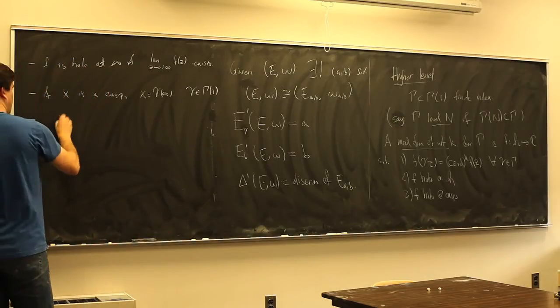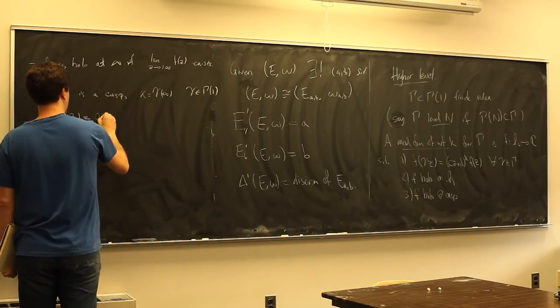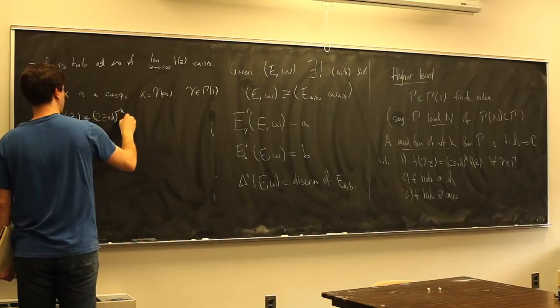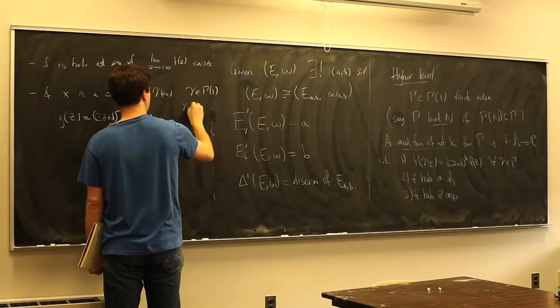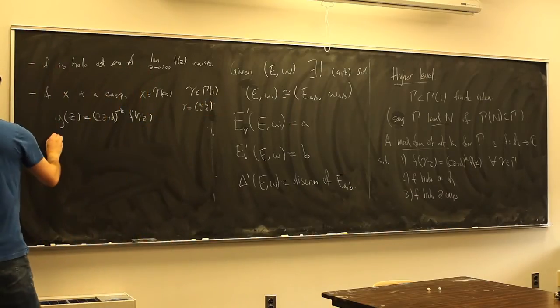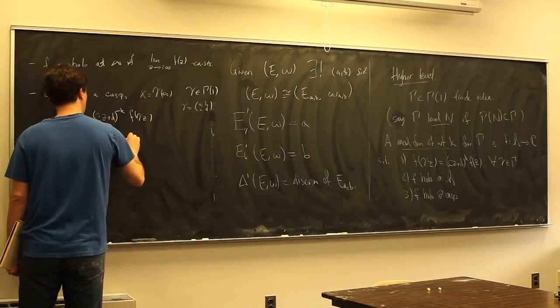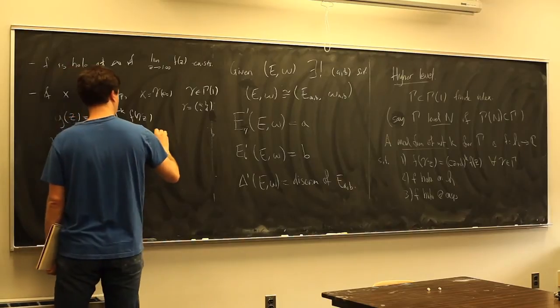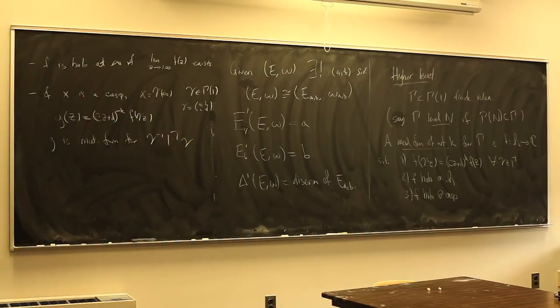And then you can define g(z) to be (cz+d)^(-k) times f(gamma z), where gamma is (a b; c d). And g is a modular form of the same weight for the conjugate group, gamma^(-1) gamma. And f being holomorphic at x is the same as g being holomorphic at infinity.